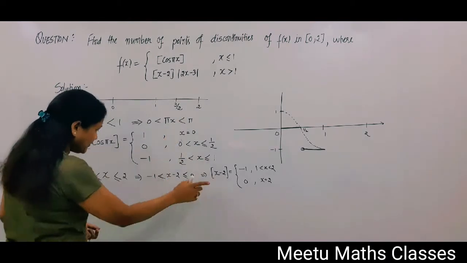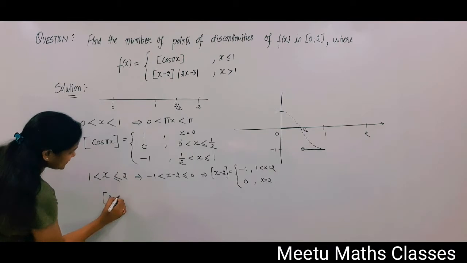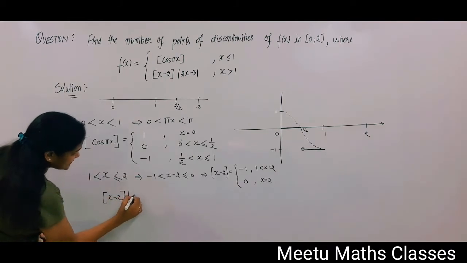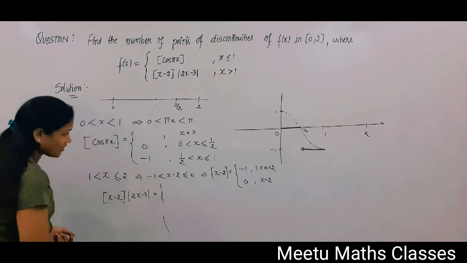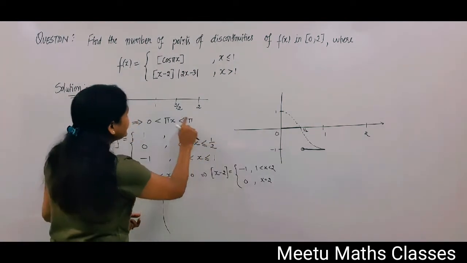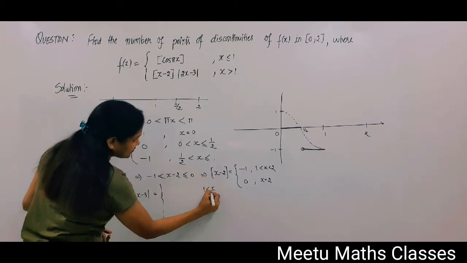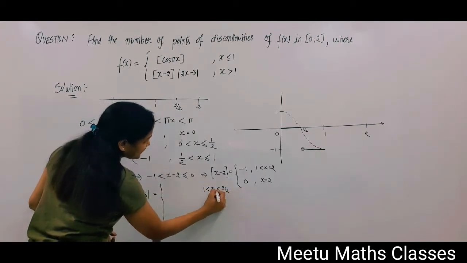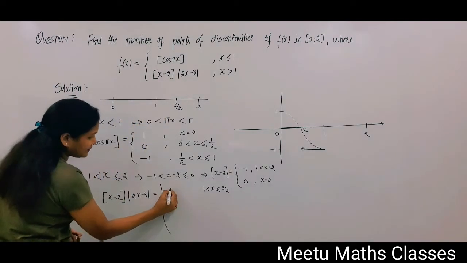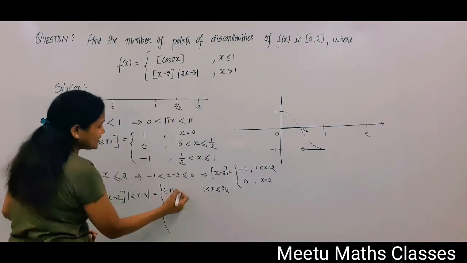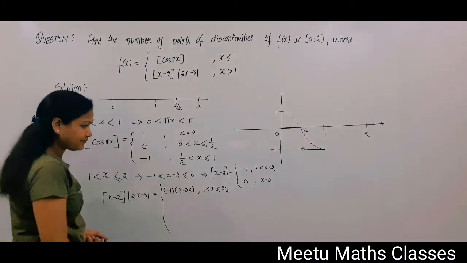So, at 3/2, we can define our function, the greatest integer function of this multiplied by (2x − 3). When x is lying between 1 to 3/2, the greatest integer function will give you −1 and this modulus function is negative, so it will give you 3 − 2x.